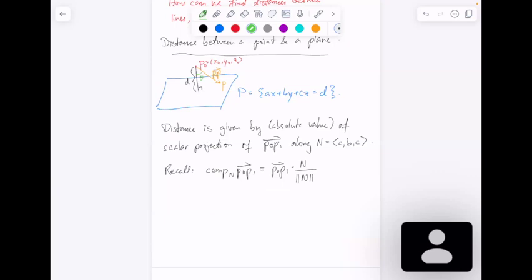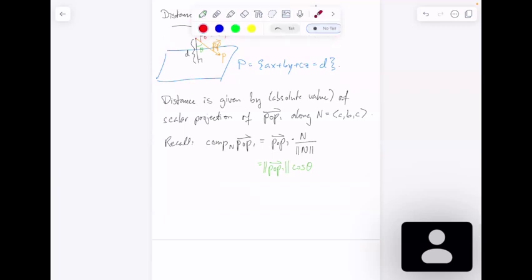So this is the same thing as the magnitude of P0P1 times cosine theta, which is precisely your distance up to a sign. So the distance is equal to the vector P0P1 dotted with (A, B, C) over the square root of A squared plus B squared plus C squared. You want the absolute value of that.